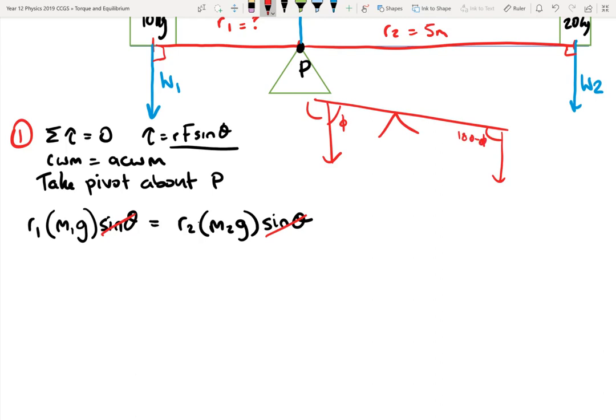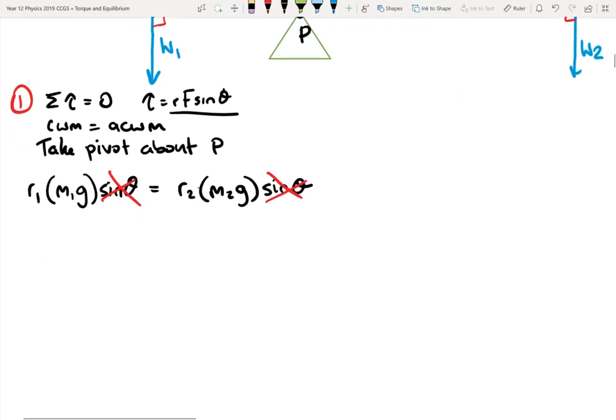The sine of those two are equal, aren't they? So even on a tilted beam, those two angles would cancel. It could be a test or an exam question. It's like the sine of 100 is equal to sine of 80. Sine of 160 is equal to sine of 20. So they cancel out.